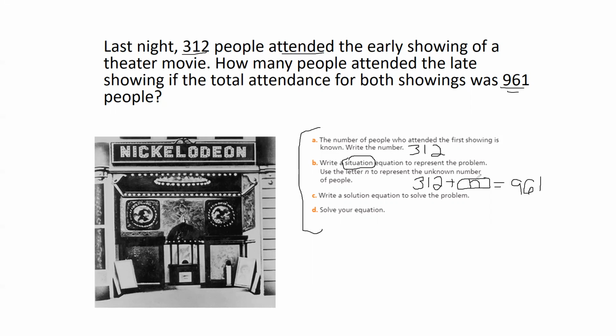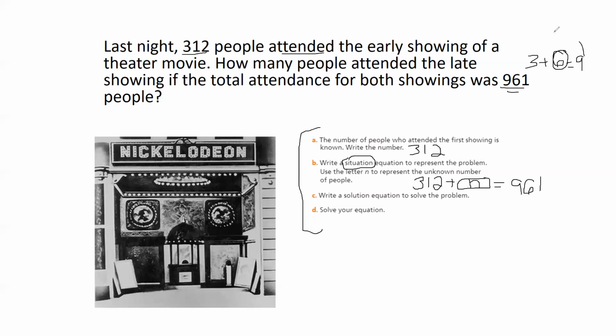So the question is, how do you find N? Once again, if you get confused, turn it into an easy problem. Instead of it being this nasty problem, let's just make it an easy problem. Let's pretend this is just 9. This is 3. And this is that question mark. 3 plus what equals 9? 6.